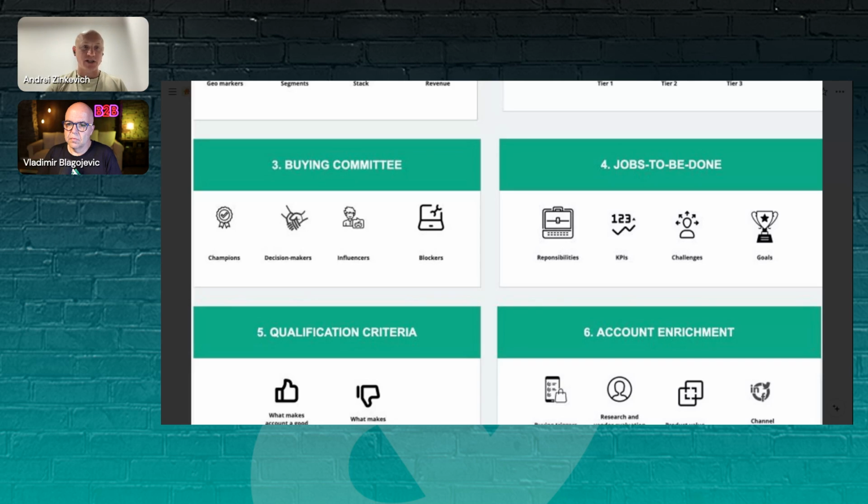Typically, a lot of companies want to focus only on decision makers, right? Why? Because they are paying for the solution. Their budget pays, right? But these people, first of all, are attacked by all the vendors. That's the first thing.